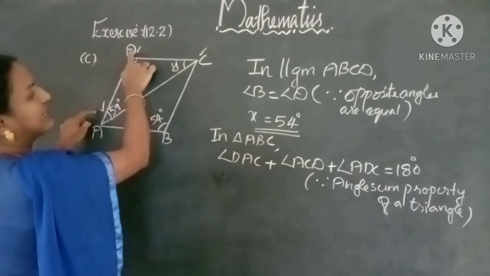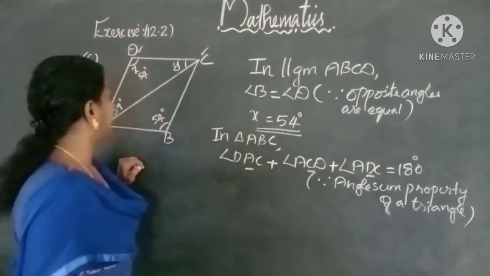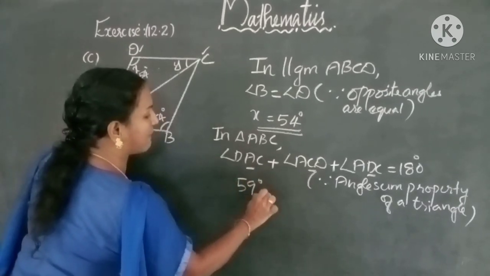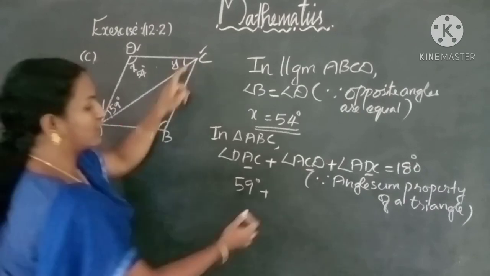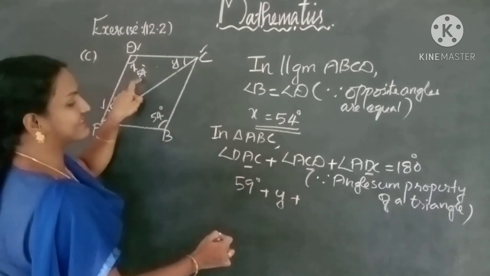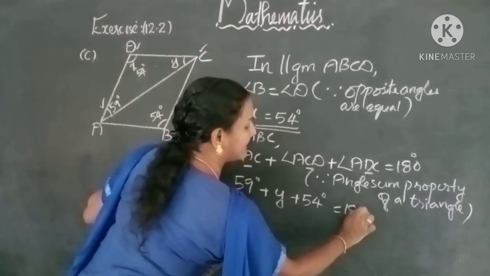Then adding, DAC means 59 degrees, plus angle C, which we don't know, so y, plus angle ADC, x, which is 54, is equal to 180.